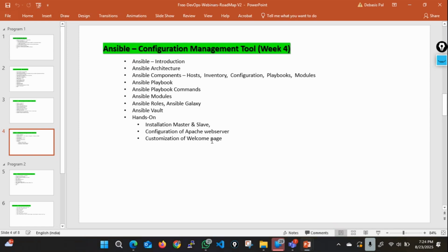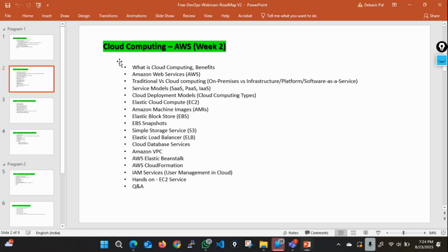I'm saying week-wise, but I may end up taking 2 sessions on cloud, with some reference to the AI implementation of cloud as well. Since AI is everywhere, I'm also planning to give you an idea of some good AI tools, because you cannot avoid using AI on any of the DevOps tools nowadays.